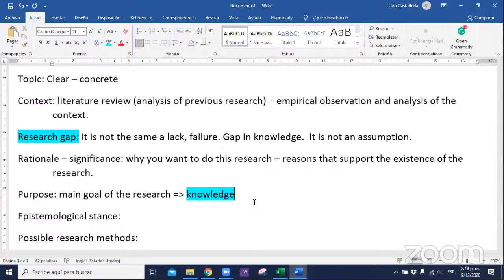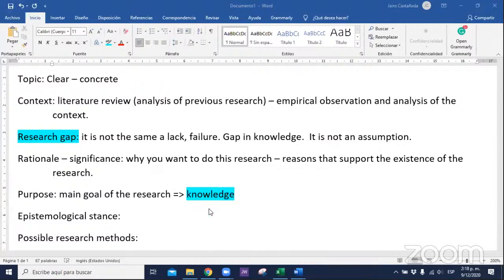Objectives like improving, fostering, promoting, those kinds of objectives are not suitable for a purpose in research because they are more for pedagogical interventions. So you have to be clear that if you are going to do a pedagogical intervention, you have to state objectives related to the pedagogical intervention. But if you want to do research, the objectives must be aligned to knowledge, to obtaining knowledge, right?